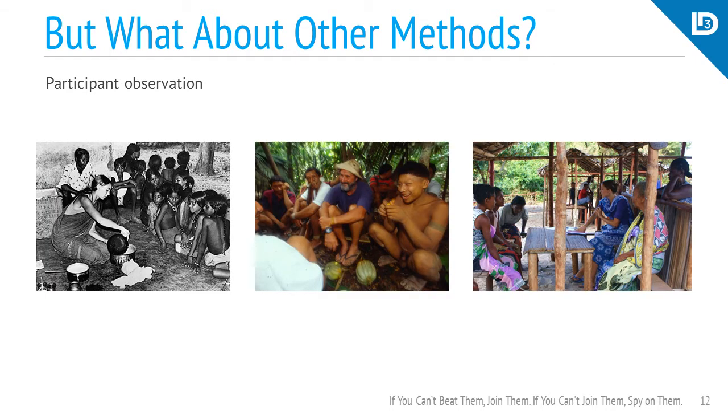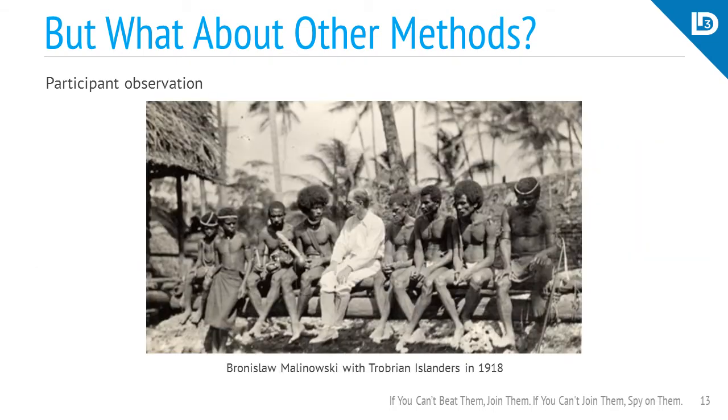Participant observation is what you think about when you think about an anthropologist going to New Guinea, let's say, and living with a group of people for a long period of time, and not only observing them and asking questions, but actively participating in their society, joining in their tasks and experiencing firsthand what these people go through, to get a real good understanding of what their lives are like.